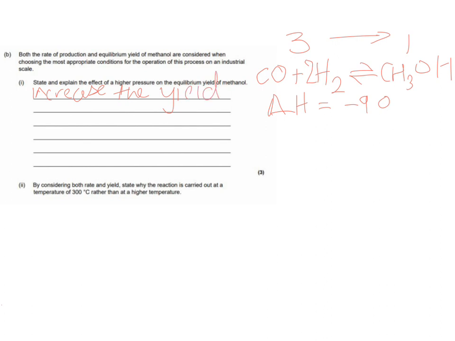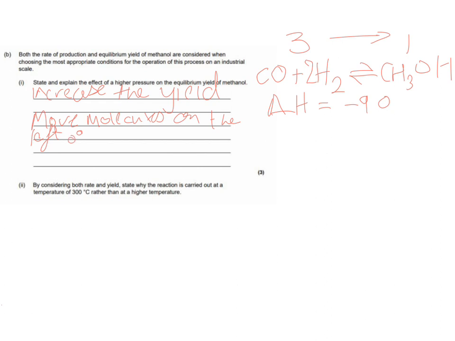And the reason for that is because there are more molecules on the left, or fewer molecules on the right. More molecules on the left or on the reactant side. So therefore equilibrium moves to the right to decrease the pressure.